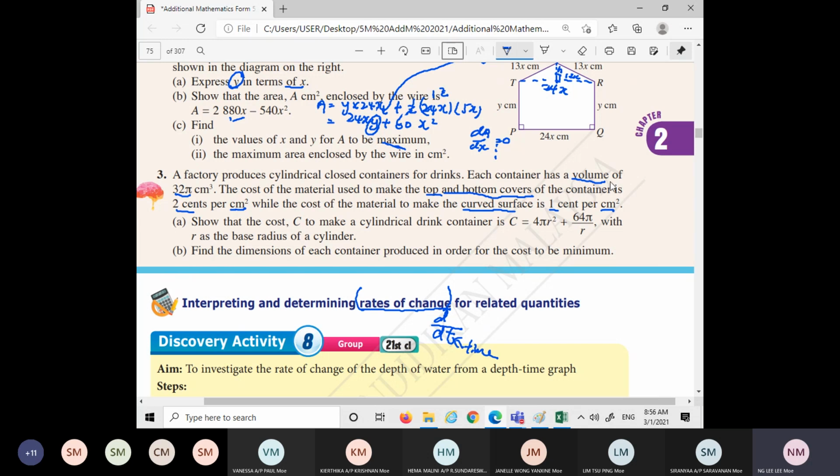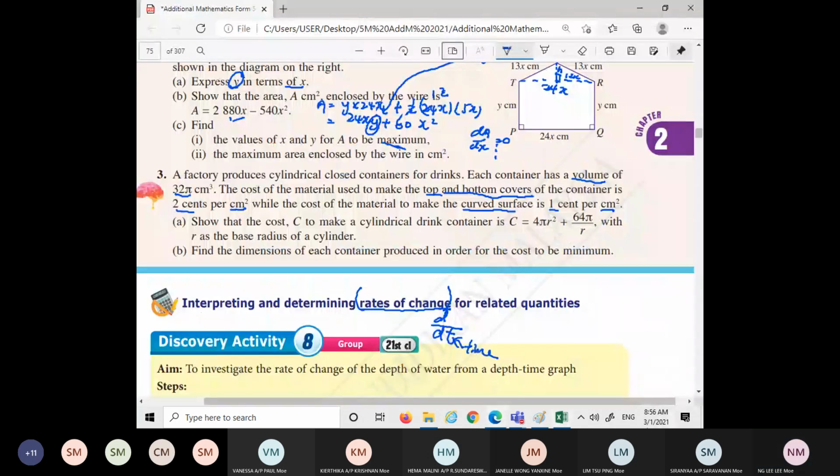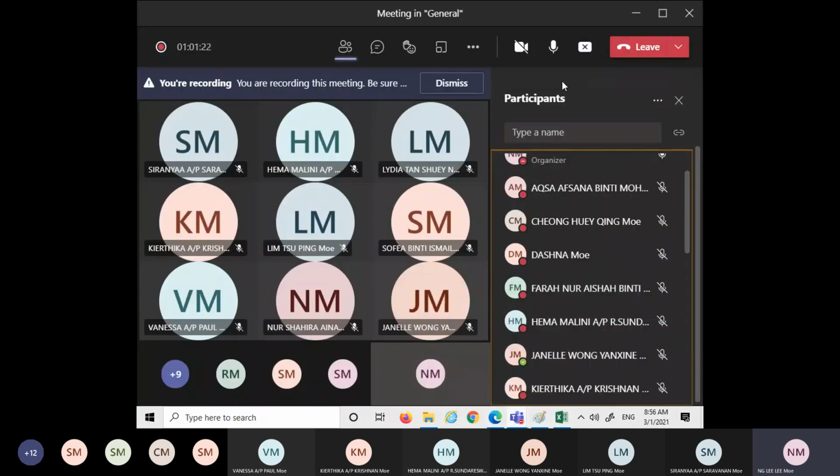Okay, what's the volume formula, Shahira? Volume formula for a cylinder. Just now got already one. Shahira? Shahira here?